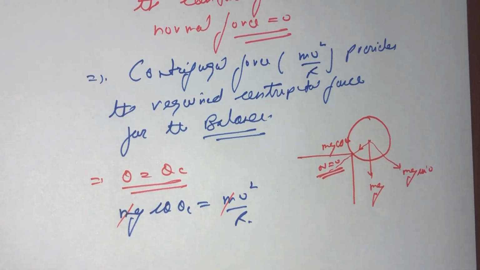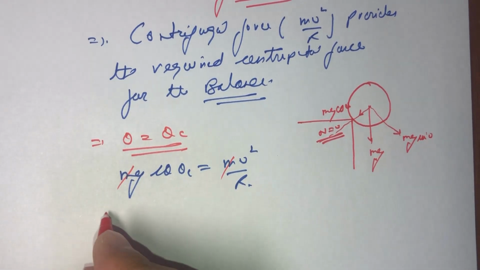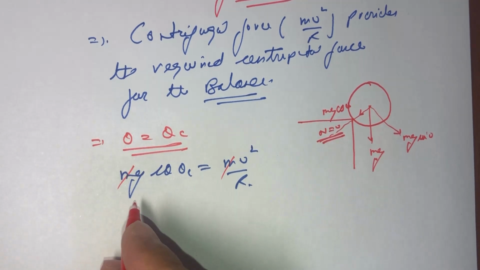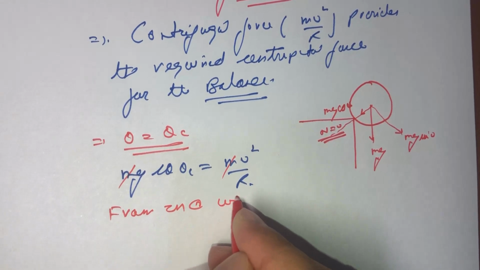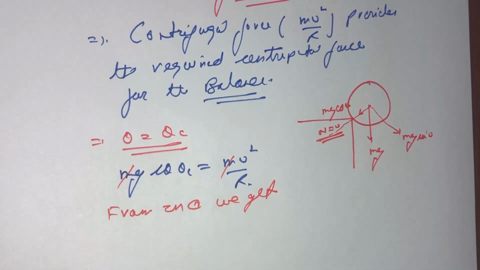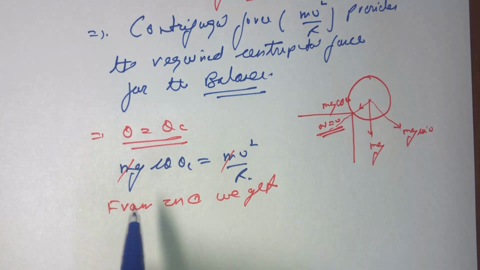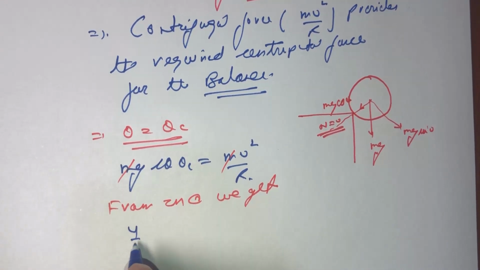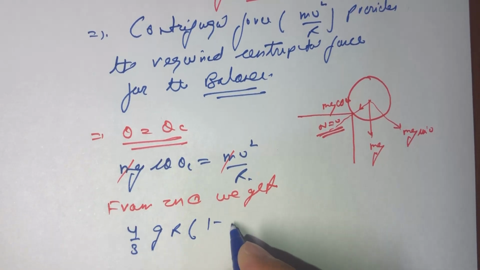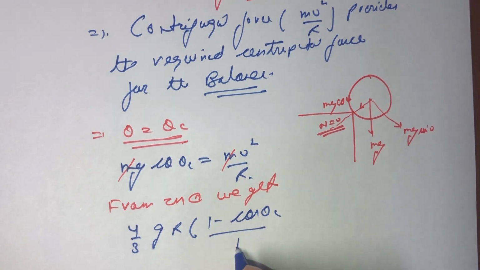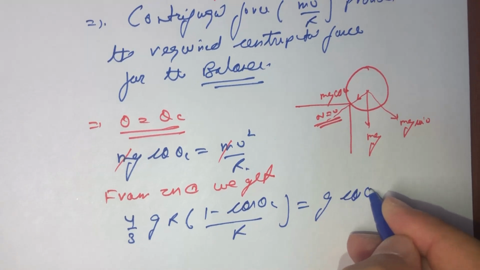Mass cancels out, and from equation 2 we get 4 by 3 GR times (1 minus cos of theta c) divided by R is equal to G cos of theta c.